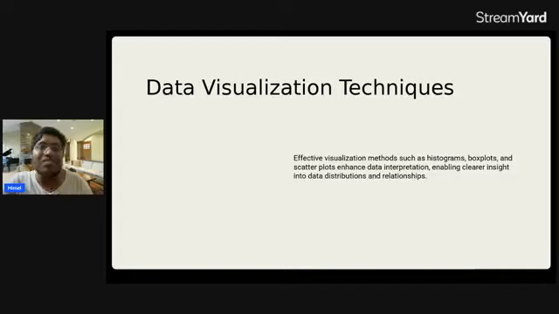Now, visual representations make statistical information more accessible, right? Effective visualization techniques like histograms, box plots, and scatter plots are invaluable tools. They allow us to uncover patterns, trends, and relationships that might be hidden in raw numbers.